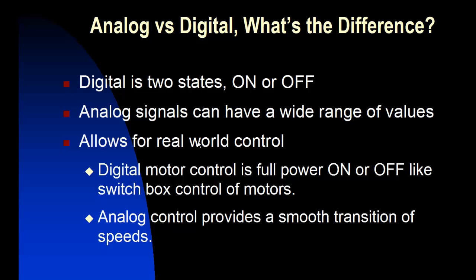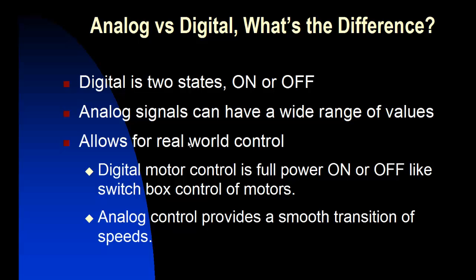You can sense input sensors that vary from 0 to 5 volts and then use those to control motors or report results like temperature values. A temperature is not either on or off, but a temperature is a continuous value that'll go from a negative range all the way on up to a positive temperature. In our case, we would sample temperatures from 0 degrees centigrade all the way on up to 150 degrees centigrade.